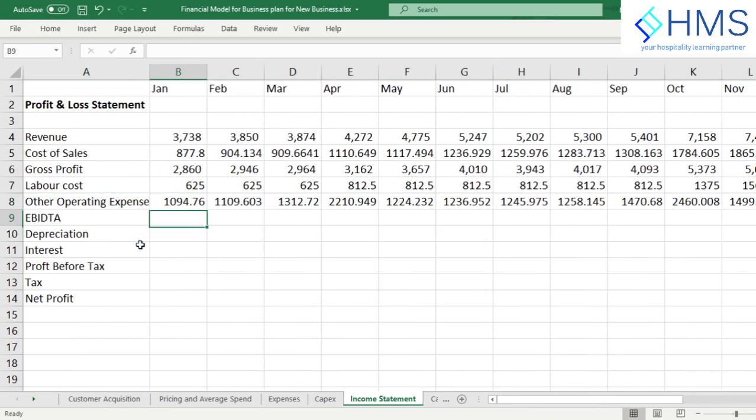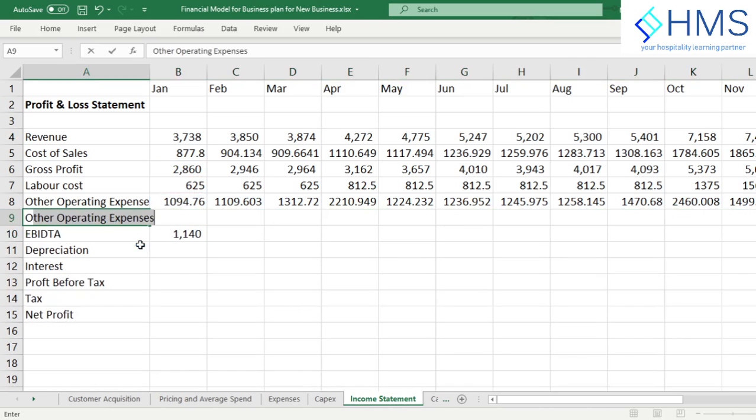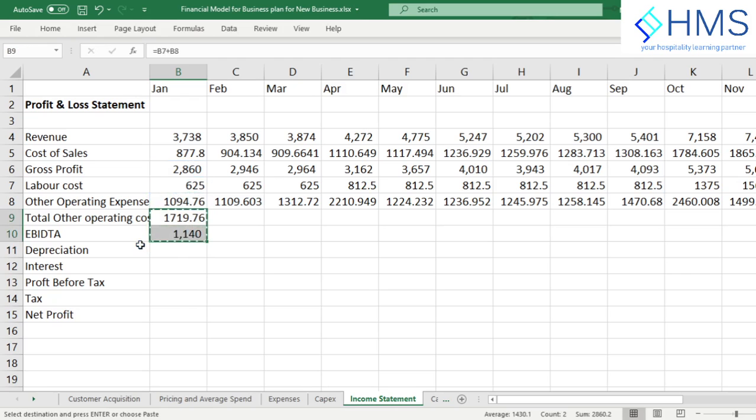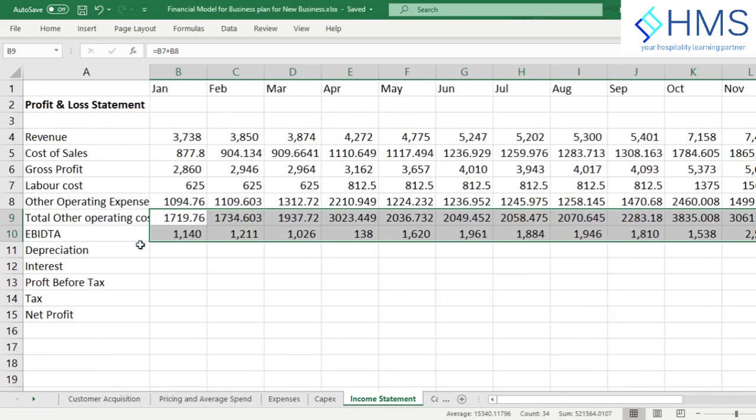And then you have EBITDA. So EBITDA will be gross profit minus labor minus operating cost. To make it easier, you can say total other operating cost, and make it a sum. Let's do that. This is our profit and loss statement.